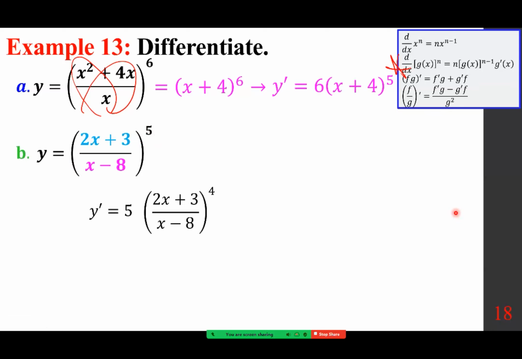Large fraction bar, because now you are dealing with f over g, the quotient rule. f prime is 2 times g(x), x minus 8, minus g prime, which is 1, times f, 2x plus 3. The bottom is x minus 8 squared. So it's that simple, everybody.